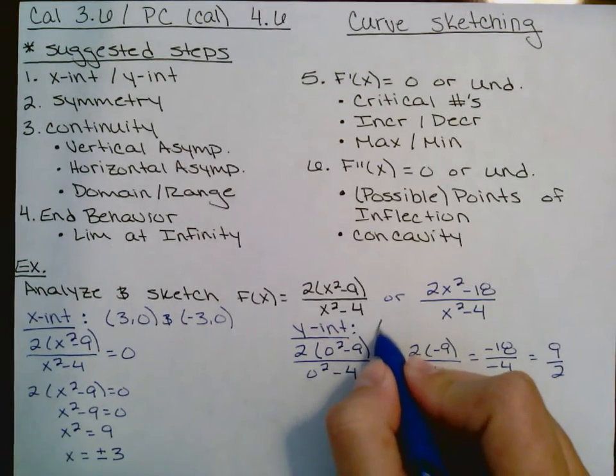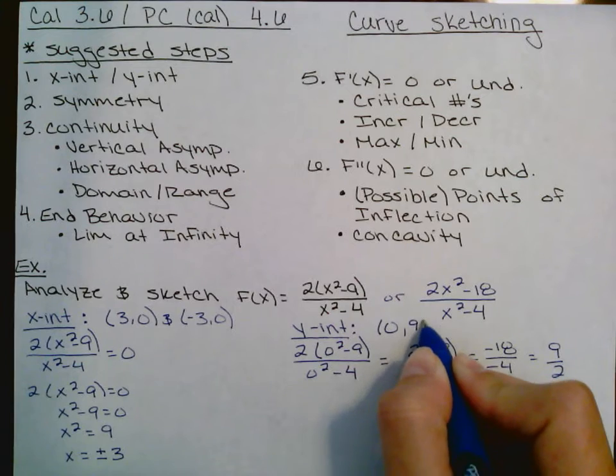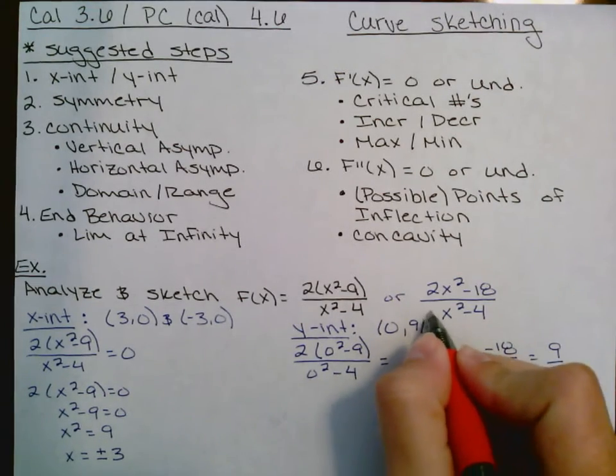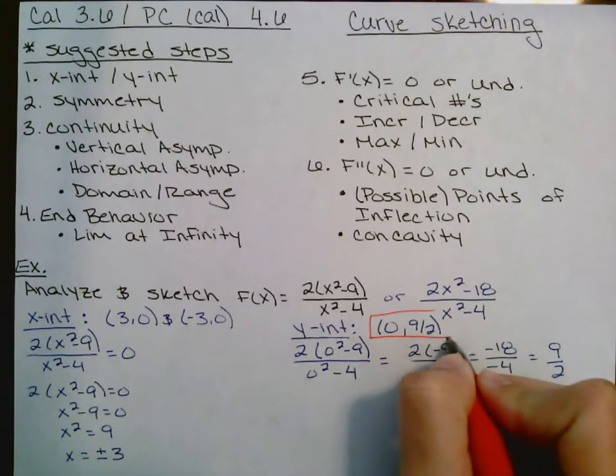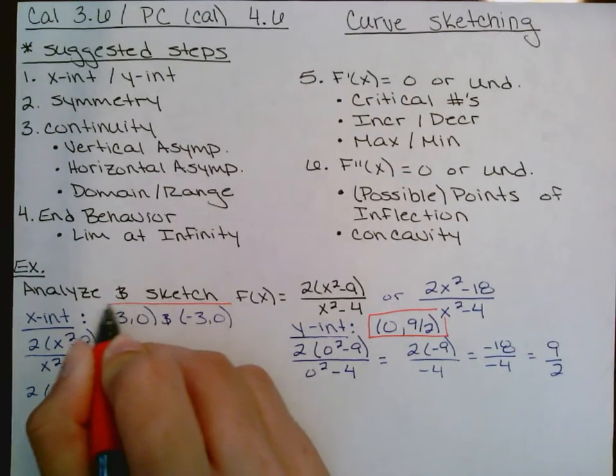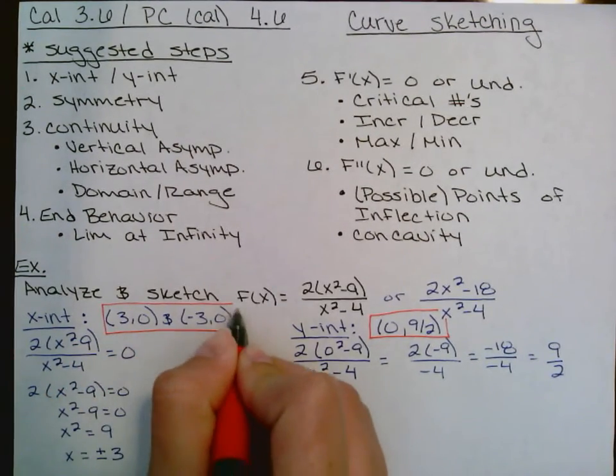Okay, so my y-intercept is 0, 9 over 2. Okay, so there is step 1. That's 2 bits of information I've already found.